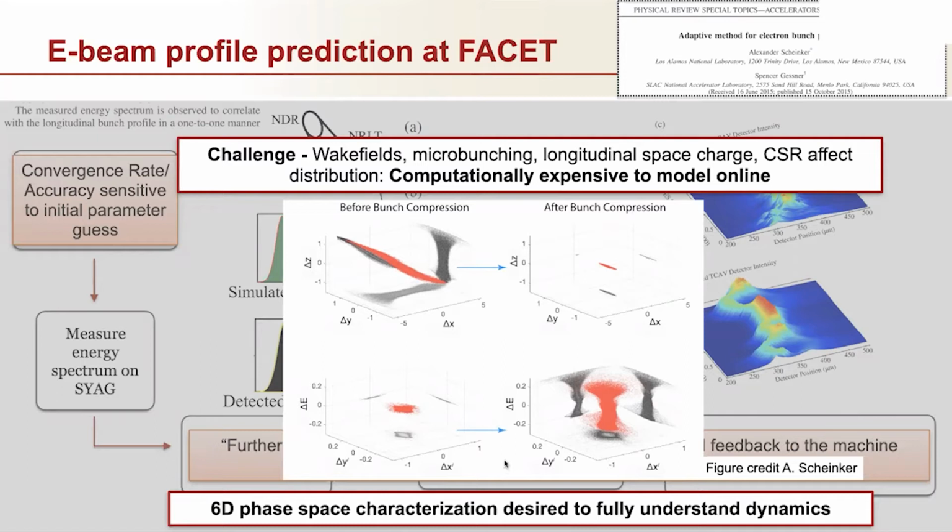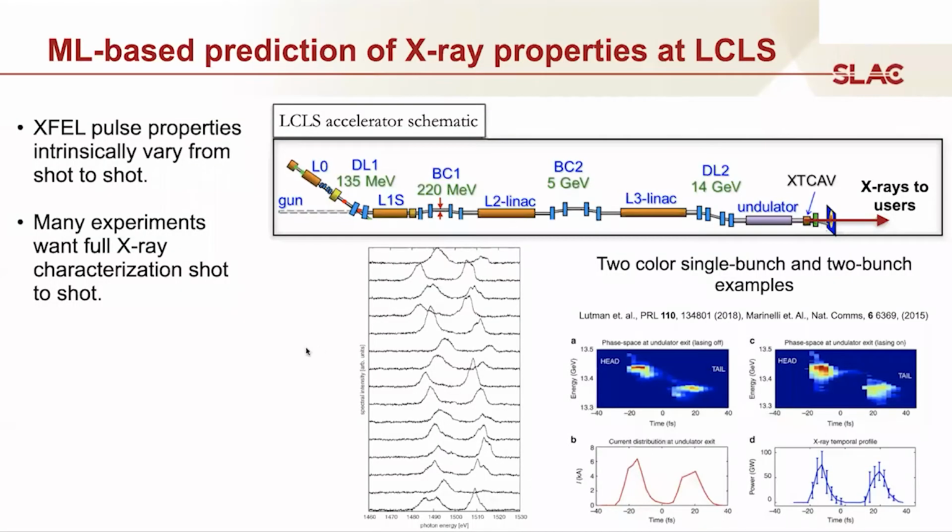So switching gears a little bit, moving to an example of a machine learning-based virtual diagnostic that was adopted at the LCLS-I. This kind of diagnostic was aimed at the photon side. So it was trying to predict X-ray FEL pulse properties based on diagnostics that exist inside of the LINAC.